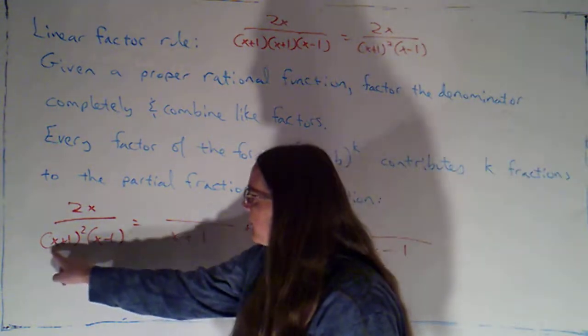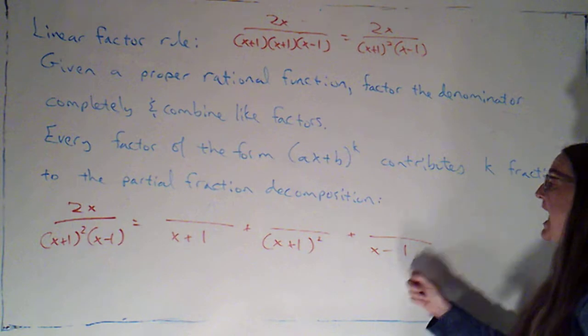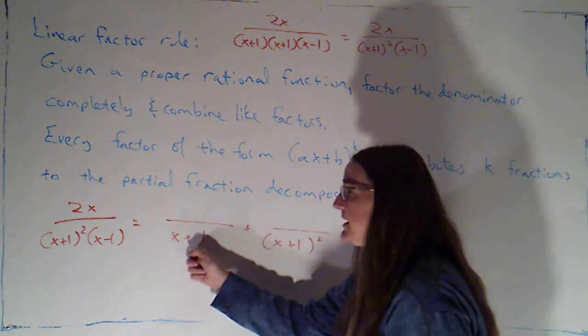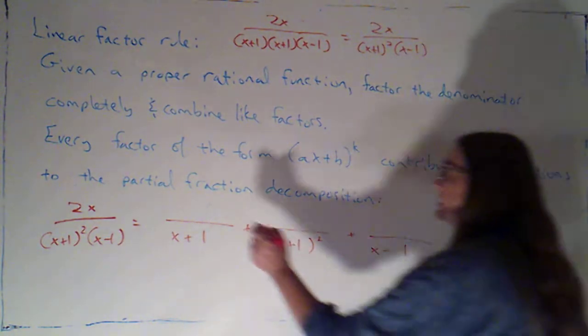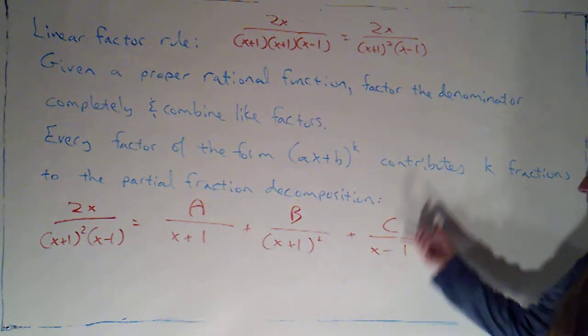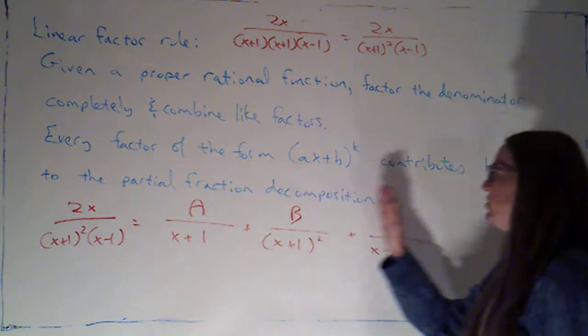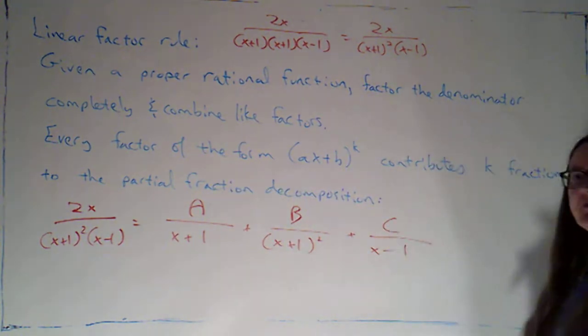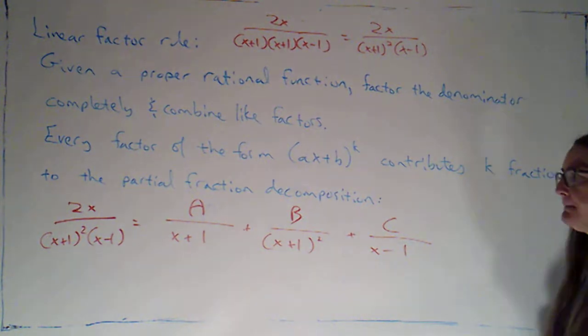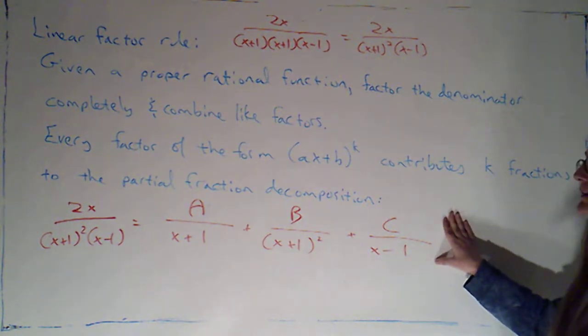Notice a total of 3 factors, 1, 2, 3 fractions. Everything in the denominator is a linear or a power of a linear, so the numerators are just constants. I'm just going to call them A, B, and C. If I wanted to, I could call them A1, A2, and A3. Usually when I have just a few, I just start running through the alphabet. So that would be the general form of something like this.